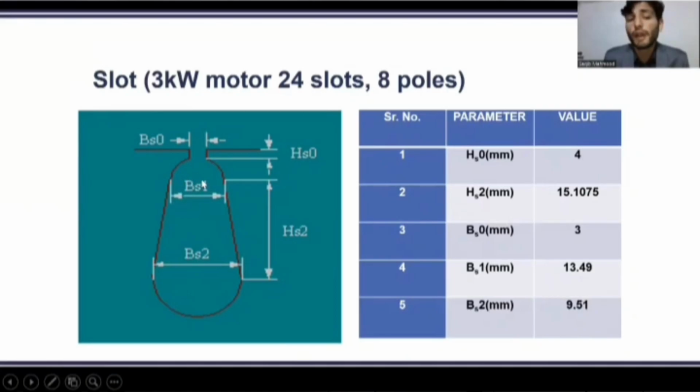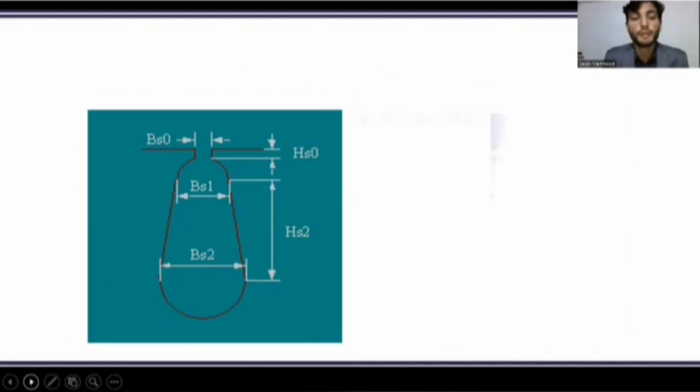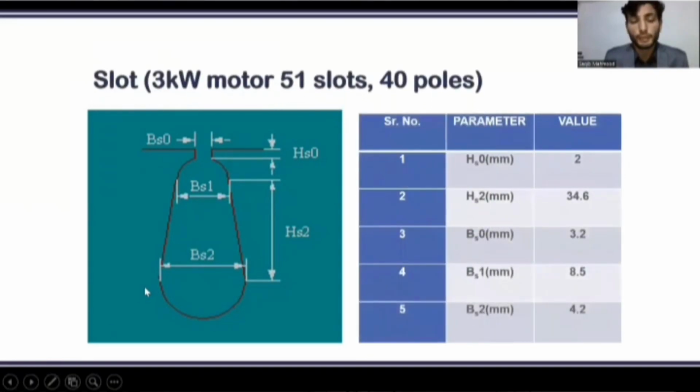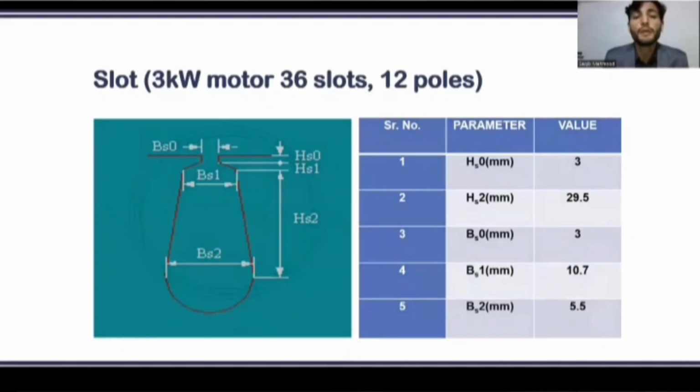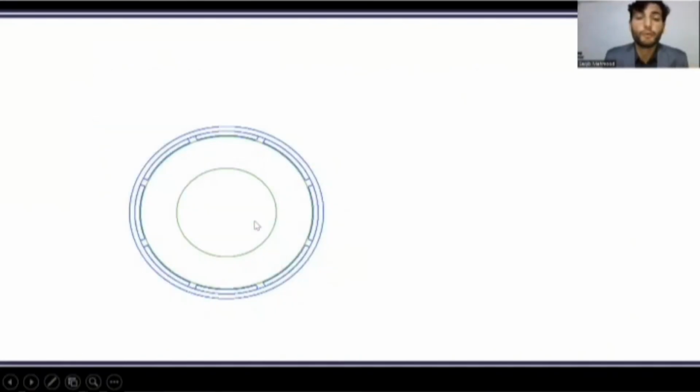For all three models, we selected the same slot type, but due to the different length of the stator of each model, these parameters of the motor vary, which we can see in the coming three slides. So the slot design is the same, but these parameters vary because the radial length of the rotor varies for each model. So this is the slot type for the 36 slot 12 pole motor.